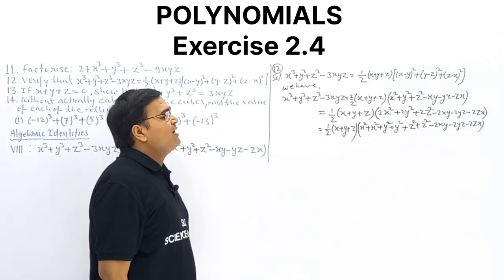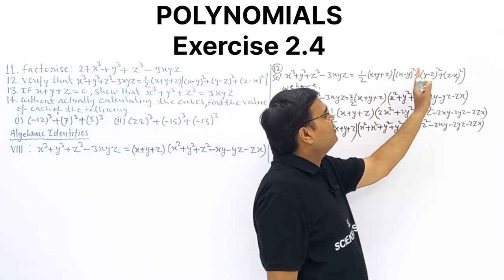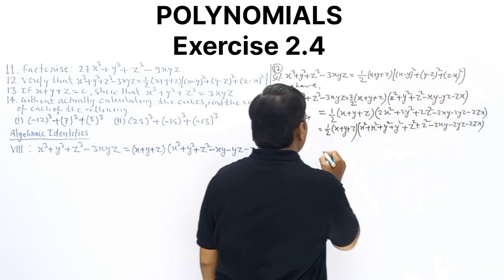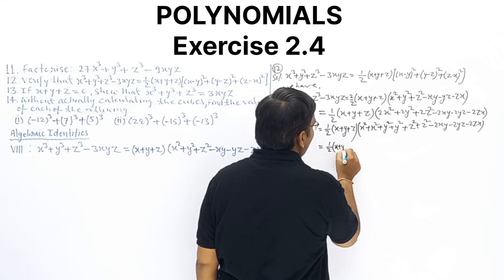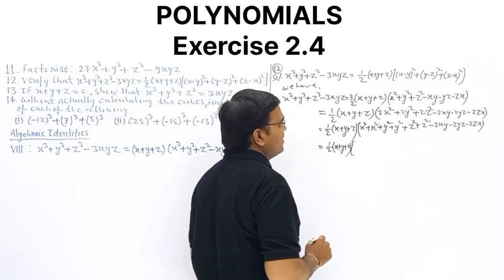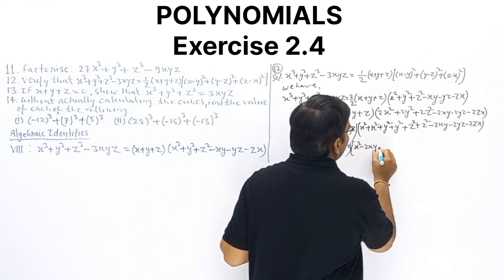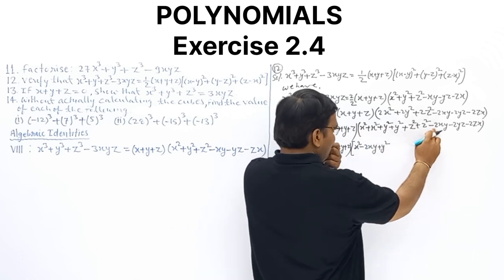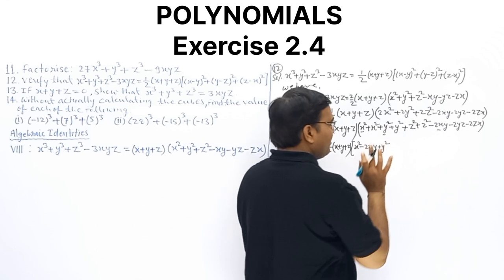There is a reason we are writing like this. Why? Because we want x minus y whole square, y minus z whole square and z minus x whole square. Now 1 by 2 into x plus y plus z, adjust all these things: x square minus 2xy plus y square. This one and this one I am taking.